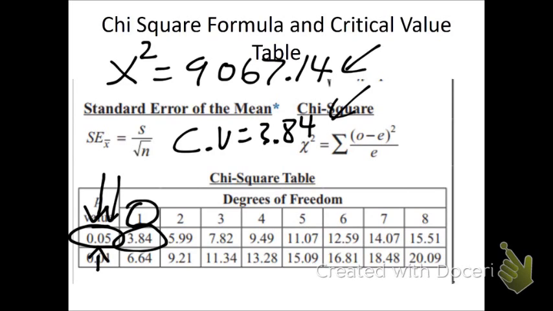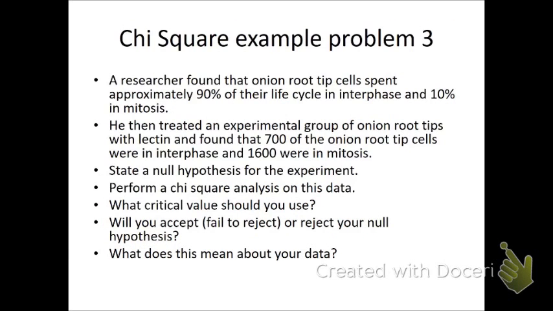Hope that helps. Let's go back and take a quick look at the question stem and make sure we answered all the parts of the question. All right, so again, the first thing that they asked us to do in this problem was to state a null hypothesis. And since we were looking at the effect of lectin, we said that lectin has no effect on the cell cycle in onion root tip cells.